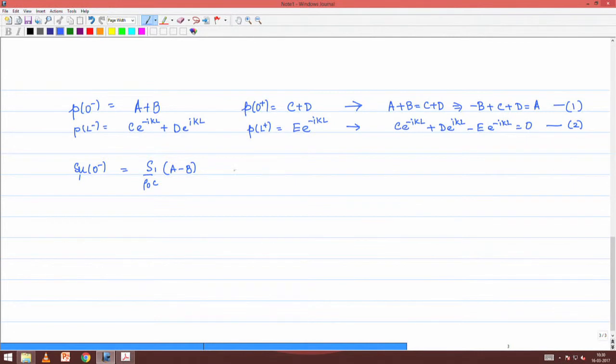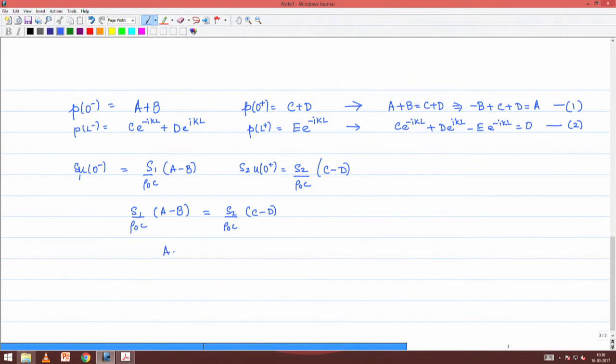Similarly, S2 at u 0 plus would read as S2 divided by rho naught C into C minus D. Therefore, this equation would read in the following fashion: S1 by rho naught C into A minus B is equal to S2 by rho naught C into C minus D.